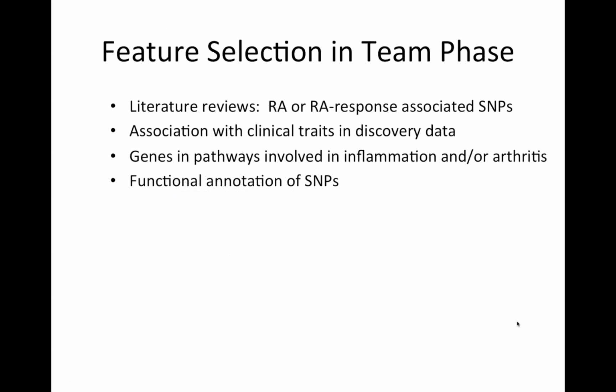So again, this is part of the challenge: can we bring more features in, even in an experimental sense, to see if they could potentially help prediction. Next slide, please.